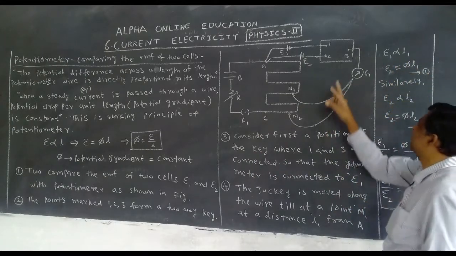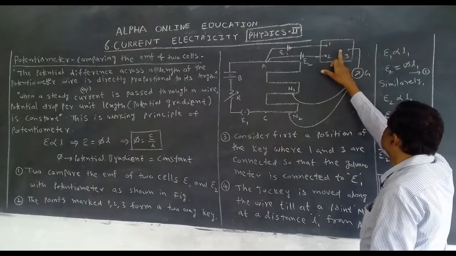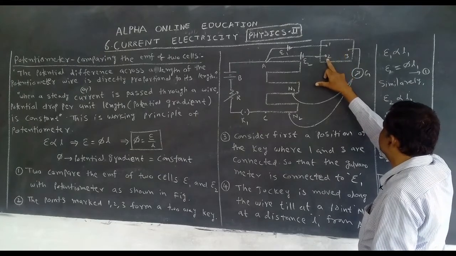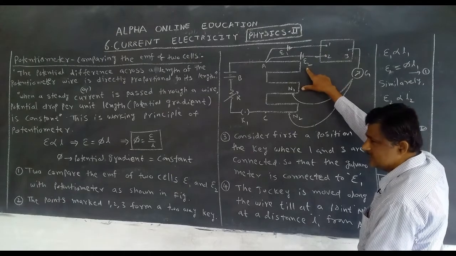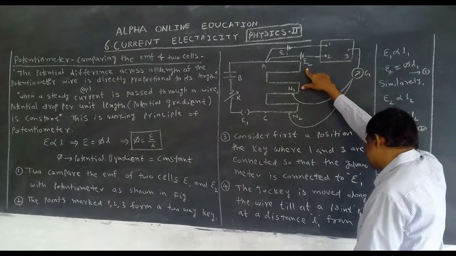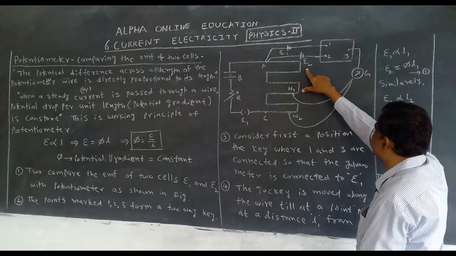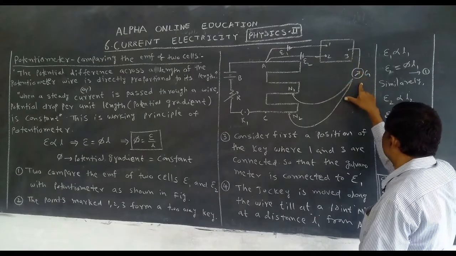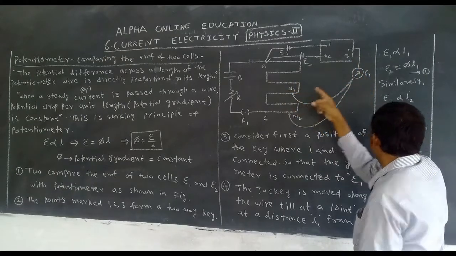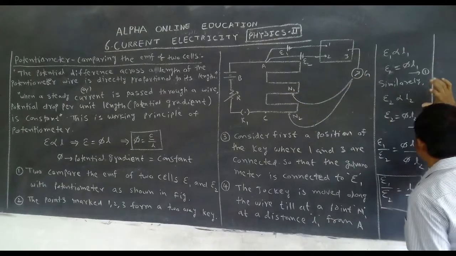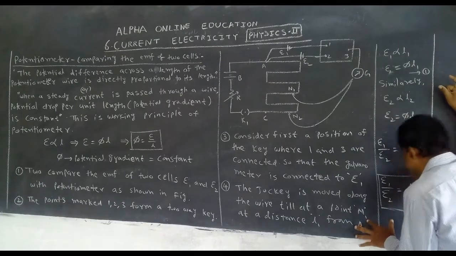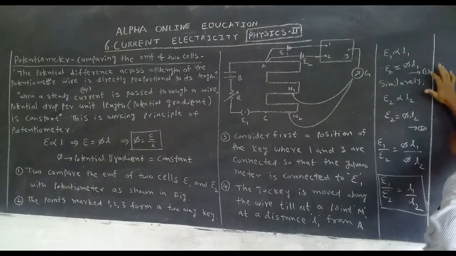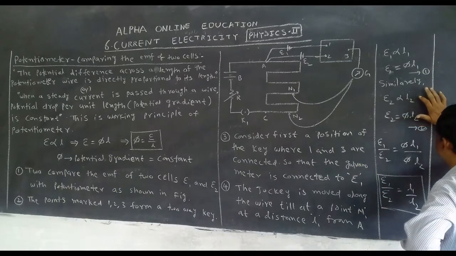Similarly, the two-way key is connected to 2 and 3. Now the second cell is connected to the galvanometer. Slide the jockey, we again get a null point N2. No need to write that one again. So E2 is proportional to L2.